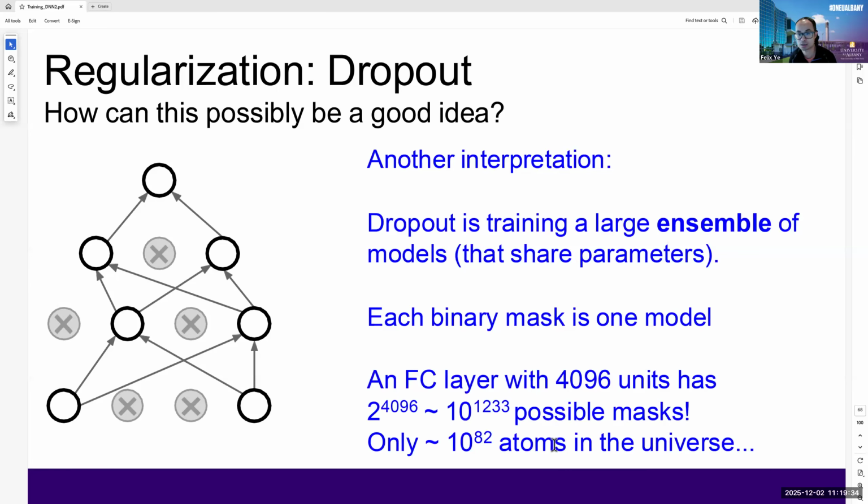Another interpretation is that dropout is actually training of very large ensembles of models that share parameters, because each binary mask is a new model.